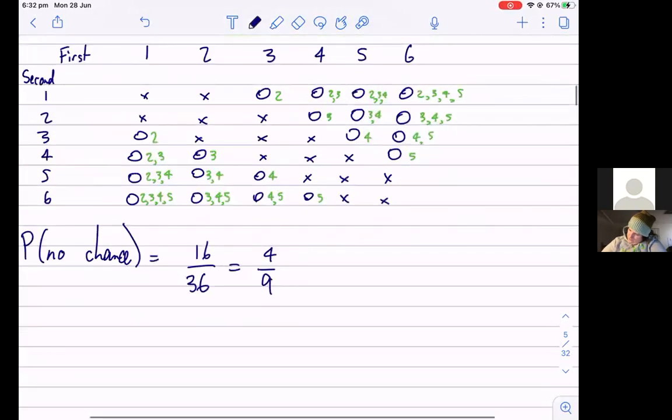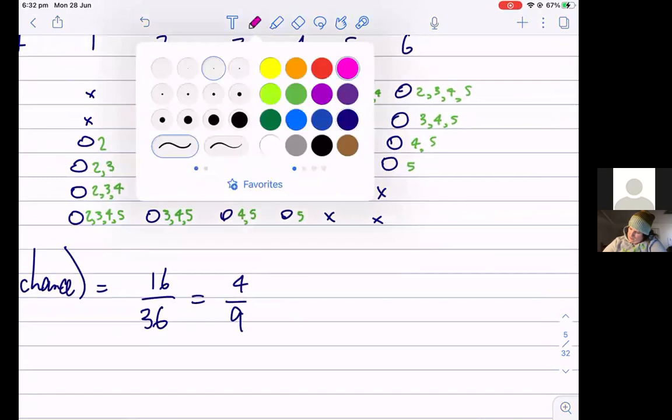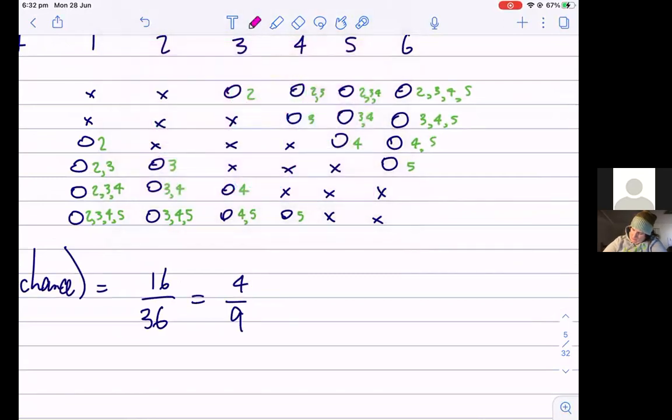So the number of options we have here is 1, 2, 3, 4 options. 1, 1, 2, 3, 1, 2, 2, 1, 1, 3, 2, 1, 4, 3, 2, 1.